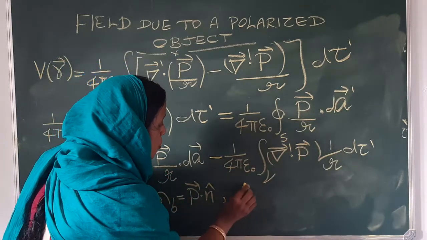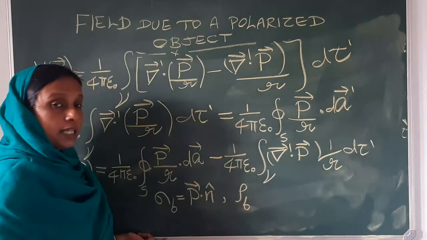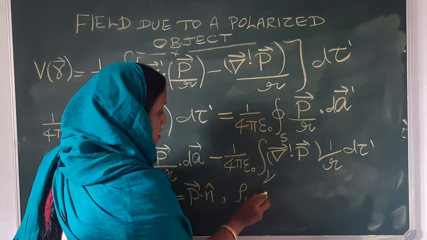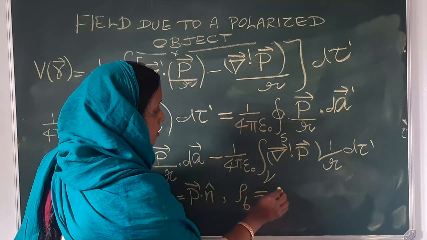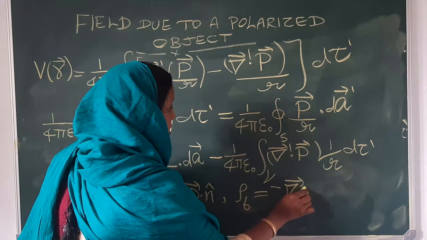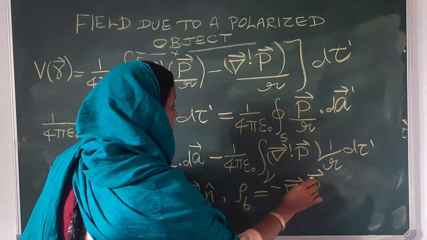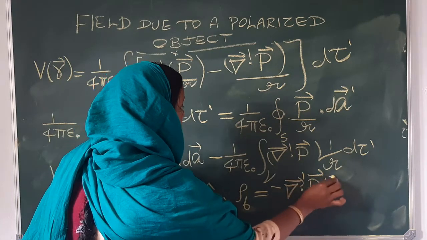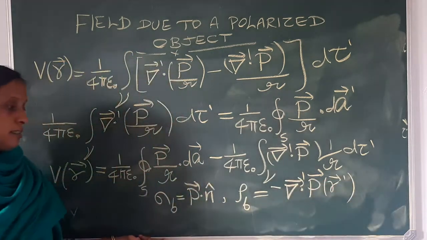Okay, let it be rho b, volume charge density rho b. This is equal to minus del dot P. Okay, here we use the primed system, so you can write like this.